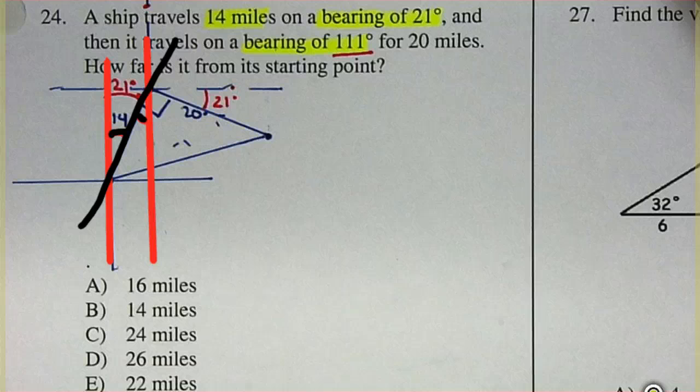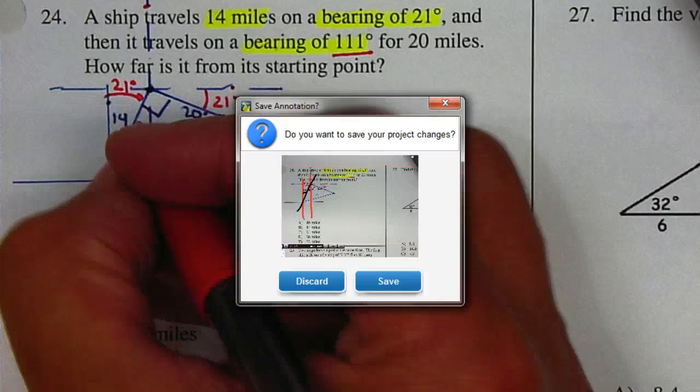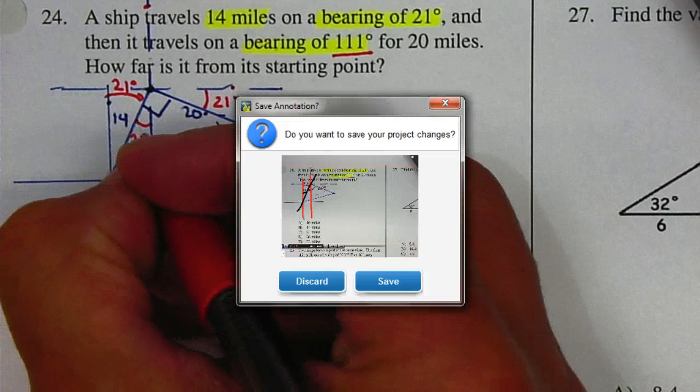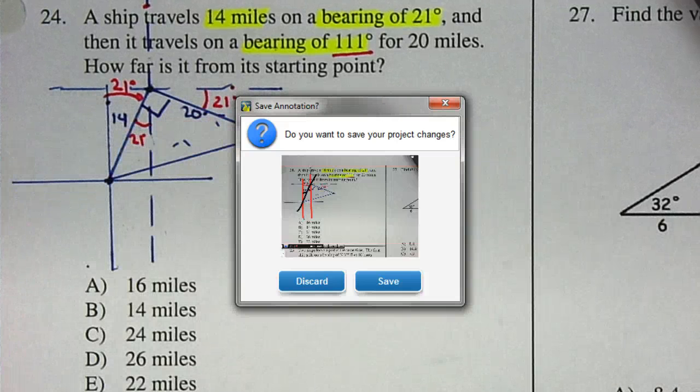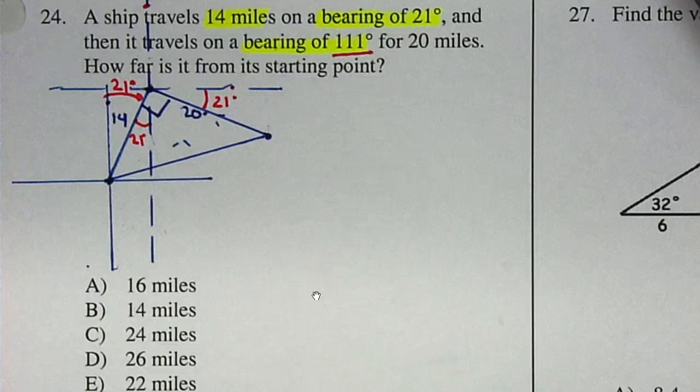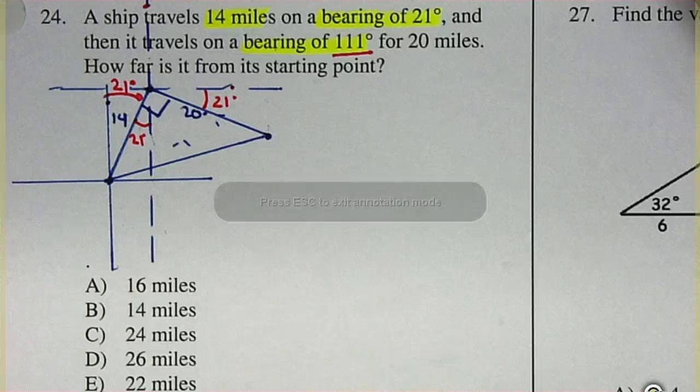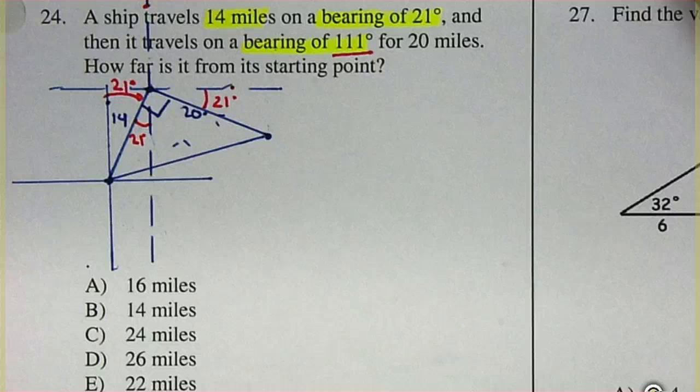So that'll be 21 degrees. Also, we can look at this other angle here. We have a right angle right over here. That is a right angle, just because of the axis, we made an x-axis and a y-axis.